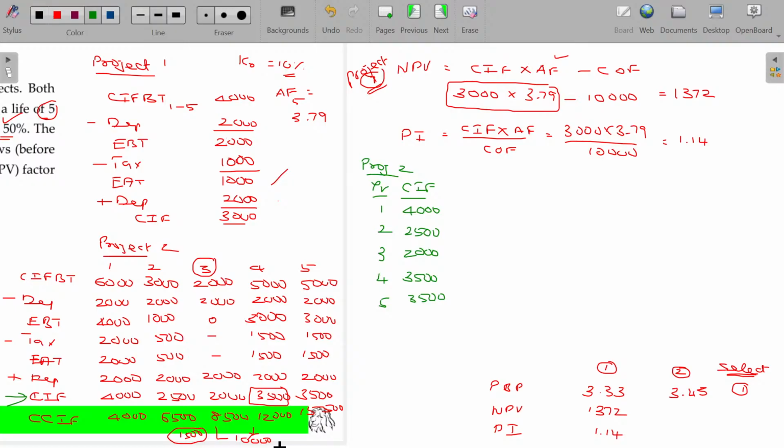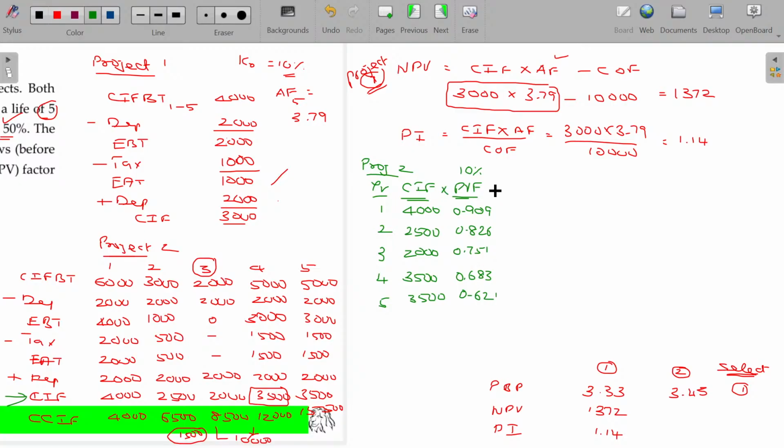As the cash inflow is not uniform, you have to discount using the single PV factor, 10% PV factor. I'll use 3 digits here. 0.909 is the PV factor for first year at the rate of 10%. Second year 0.826. Third year 0.751, fourth year 0.683, fifth year 0.621.